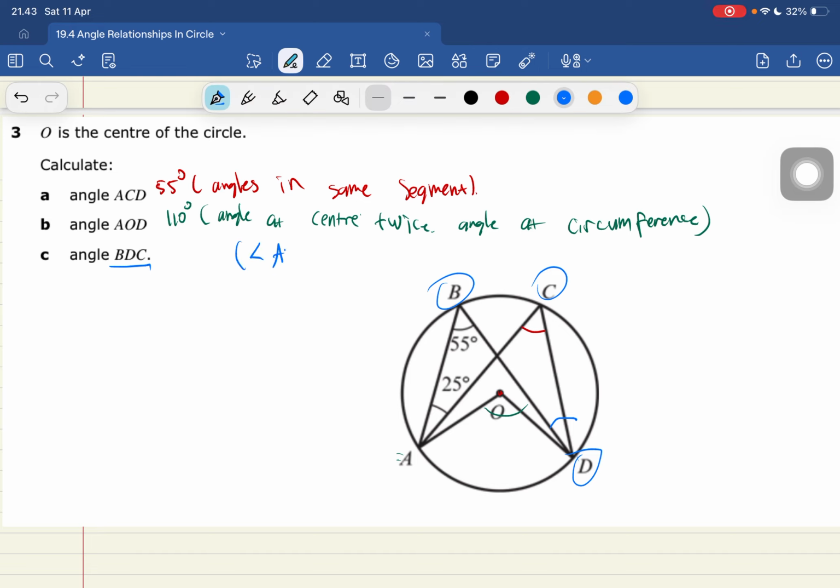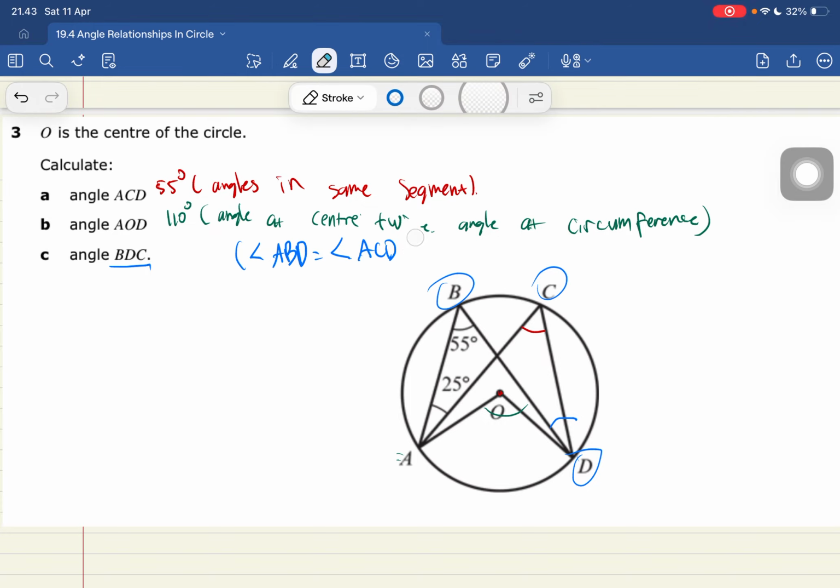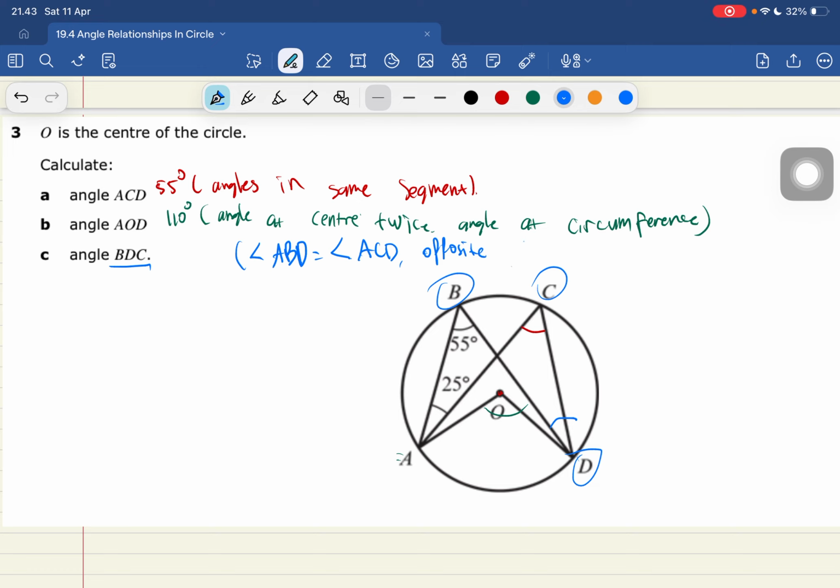The angle ABD equals the angle ACD because they are in the same segment. And the vertically opposite angles of intersecting lines AC and BD are equal.